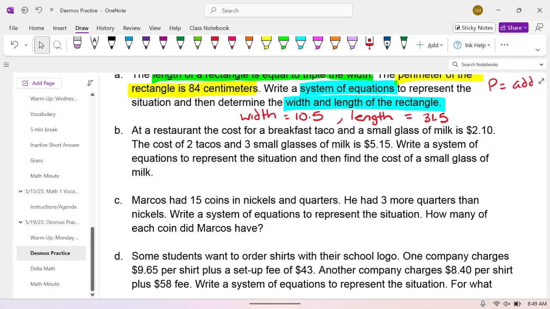All right, so going through graphs. What's our given? Someone raise your hand and tell me one piece of given information. 2 tacos and 3 small glasses of milk is $5.15. What's the other piece of information?